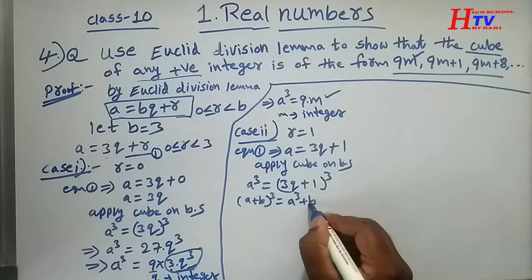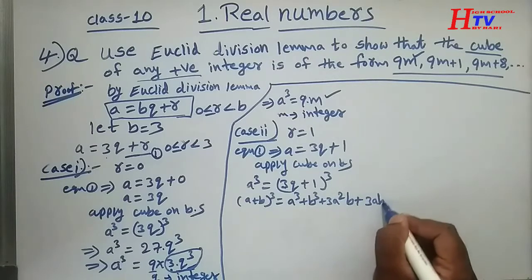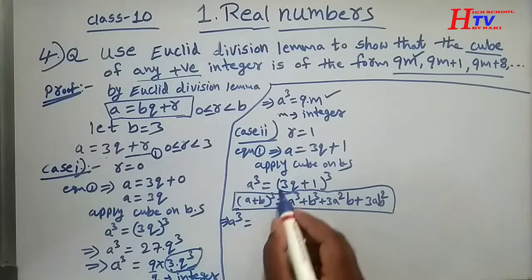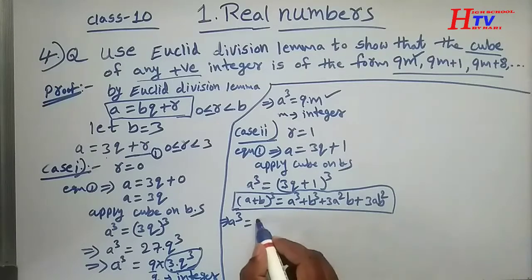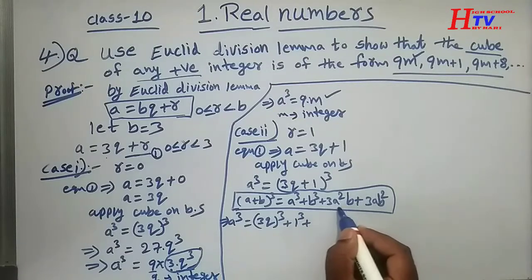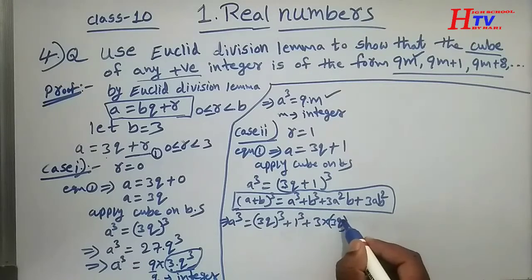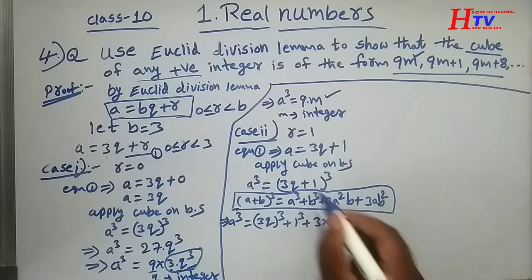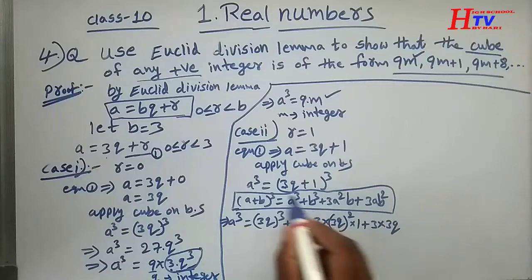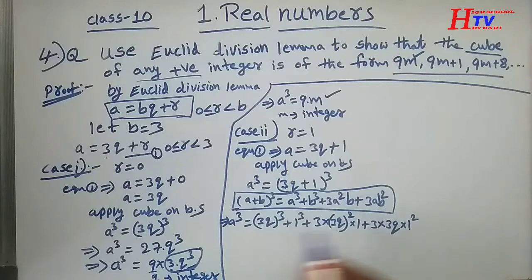It is a cube plus b cube plus 3a square b plus 3a b square. It is the formula. So this becomes 3q whole cube plus 1 cube plus 3 into 3q whole square into 1, plus 3 into 3q into 1 square.